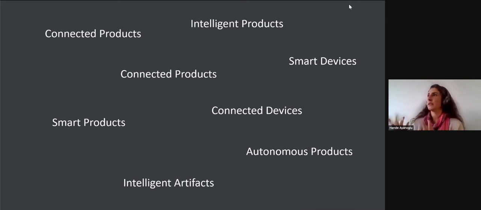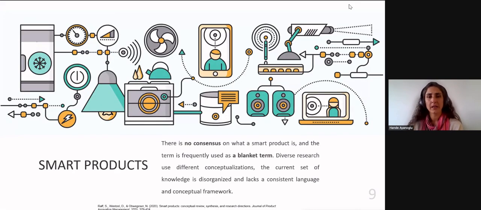When you look at the literature or on the internet, you can also hear intelligent products, smart devices, connected devices, autonomous products. So there are many different ways to name smart products, and you can see that there's no consensus on what a smart product is.